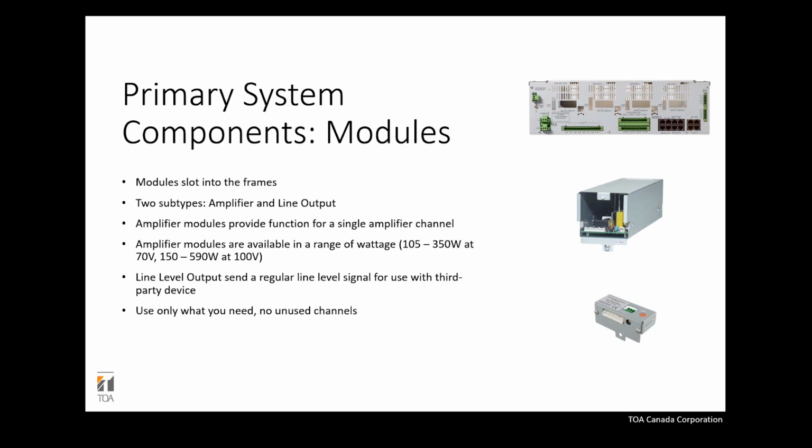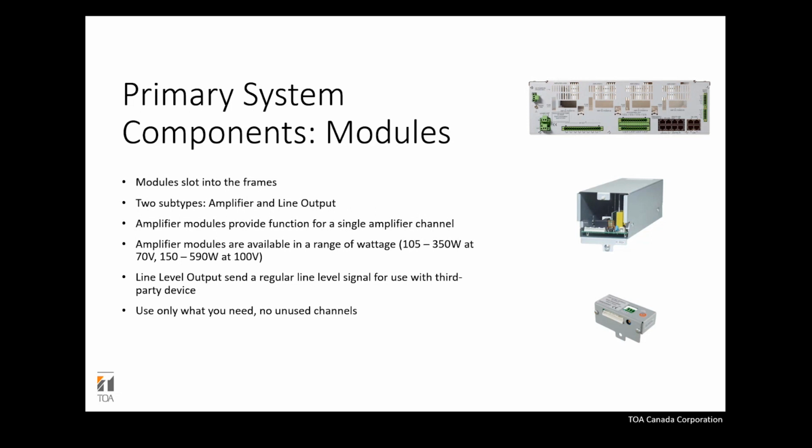The line level output module is a custom module for sending a line level signal out of the VX3000. Say you want to feed a recording system for your project, then you can slot a line output module on the VX3000 frame and use that to output to your third-party system. So as you can see here, you only get what you need.